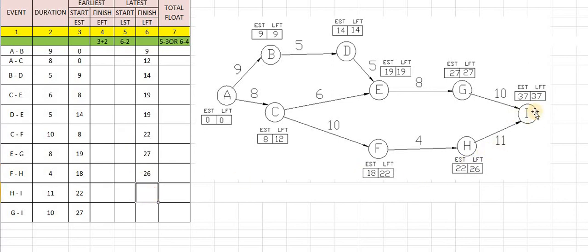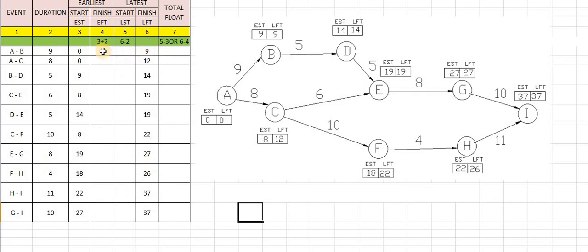H to I, I is the next node, having a value of 37. And finally G to I, again I is the next node, having a value of 37. So in this way we have calculated LFT, the latest finish time, and the earliest starting time. These two calculations are most important. We have directly fed the LFT values that we already calculated.